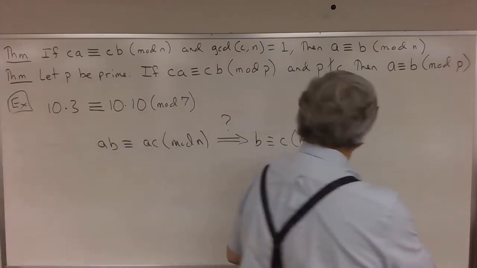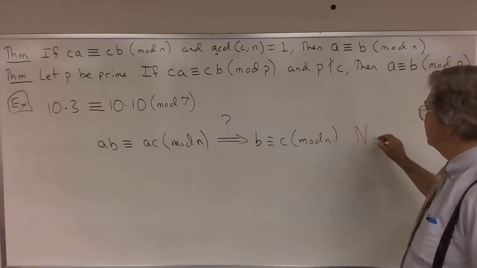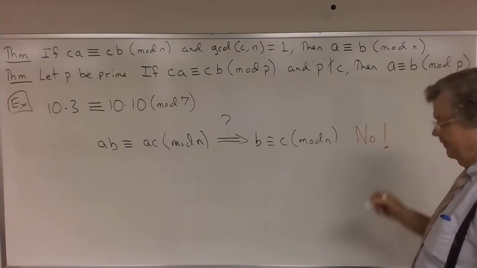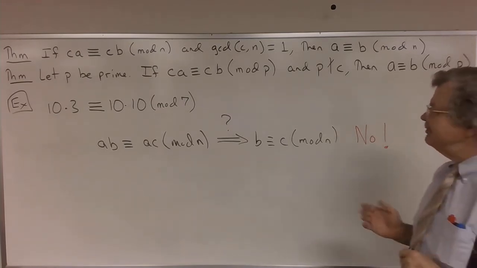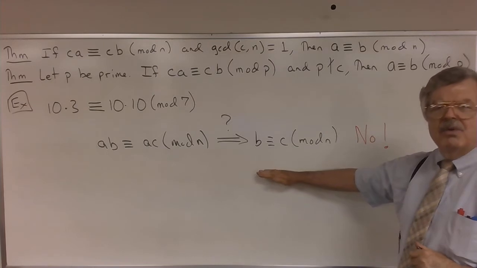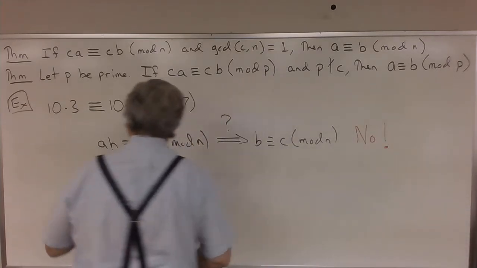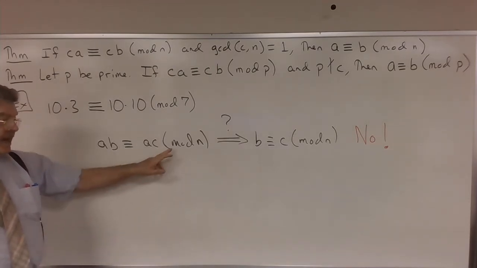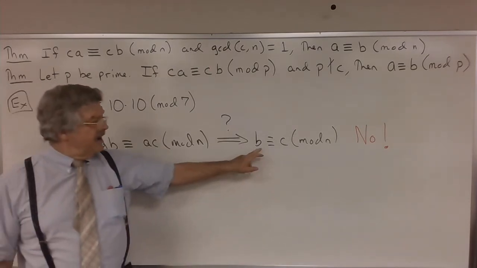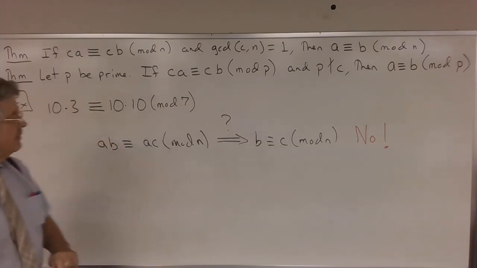So we'll answer this question with a resounding no. The multiplication cancellation properties don't hold for modulo arithmetic. If AB is congruent to AC mod n, that does not imply that B is congruent to C mod n.